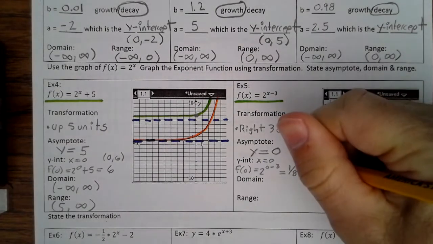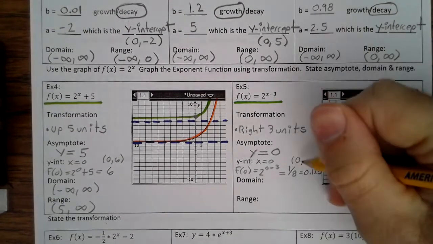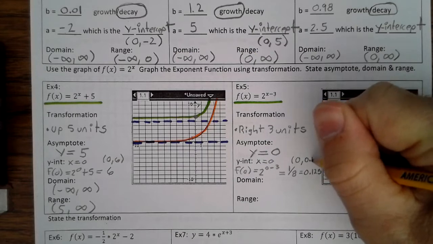So your y-intercept, we can round to 2 decimal places to be 0.13.